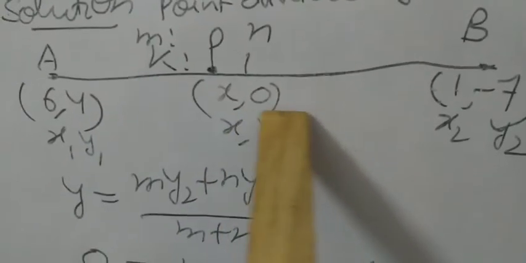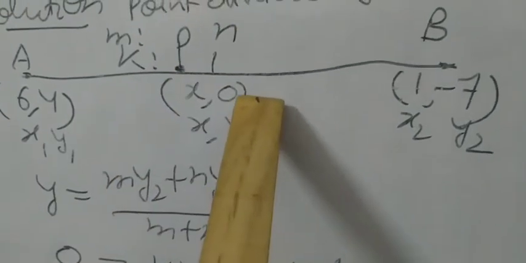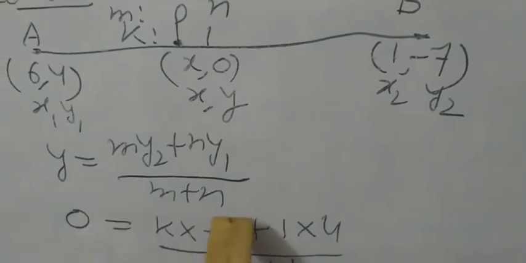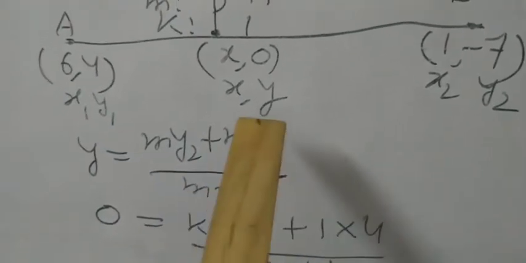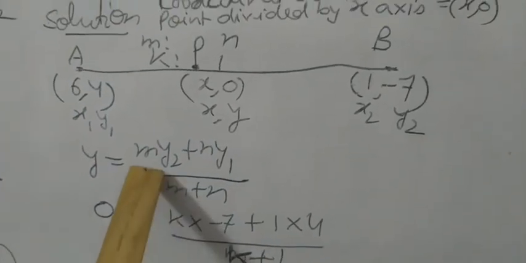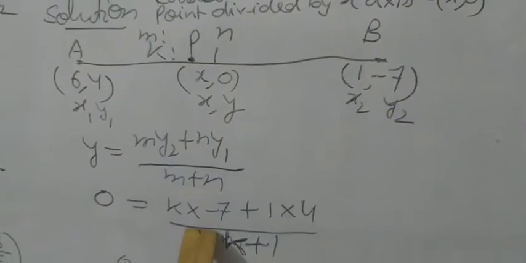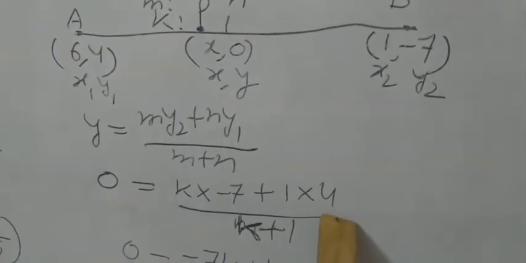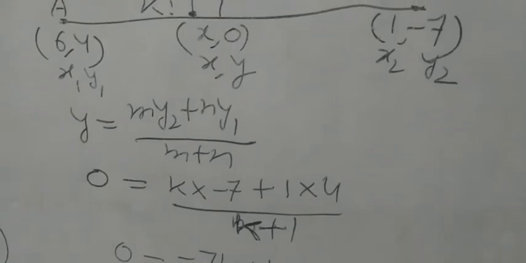So we have to use formula y, not x, because x value we do not know. That's why we have to use y formula. Y equal to (my2 plus ny1) upon (m plus n). Y value 0, m value k, y2 -7, n value 1, y1 4 upon k plus 1.